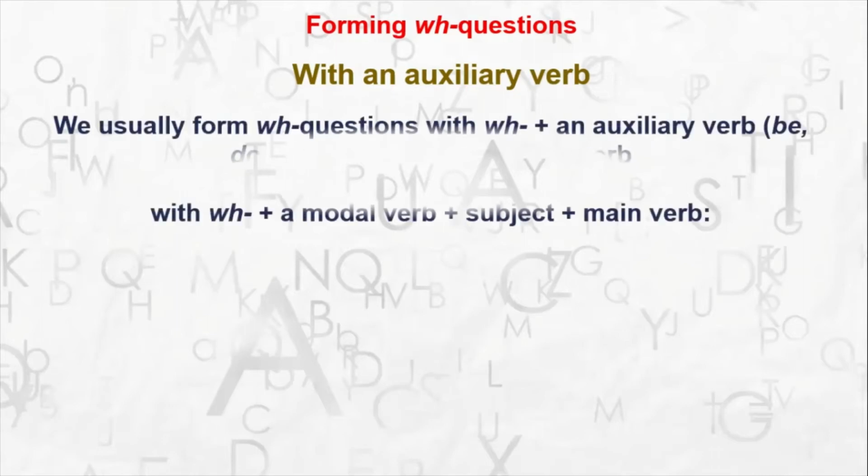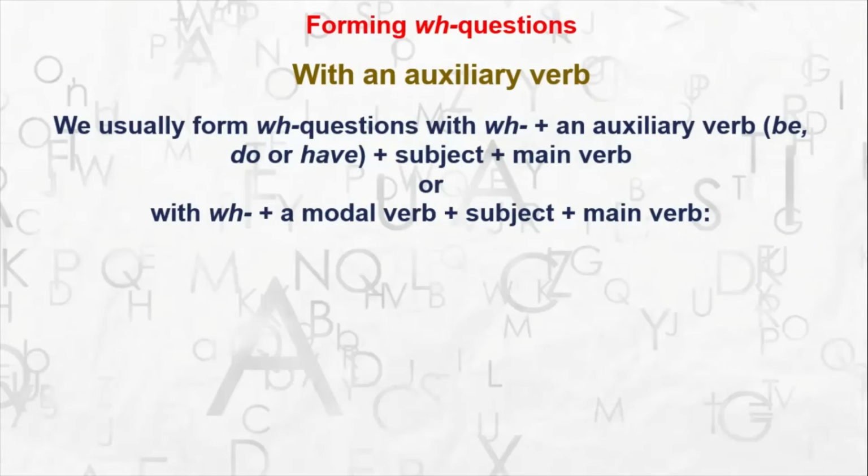So we usually form WH questions with the WH word, an auxiliary verb, which can be be, do, have, has, had, etc., plus subject plus main verb. Or WH plus a modal verb plus the subject plus a main verb.